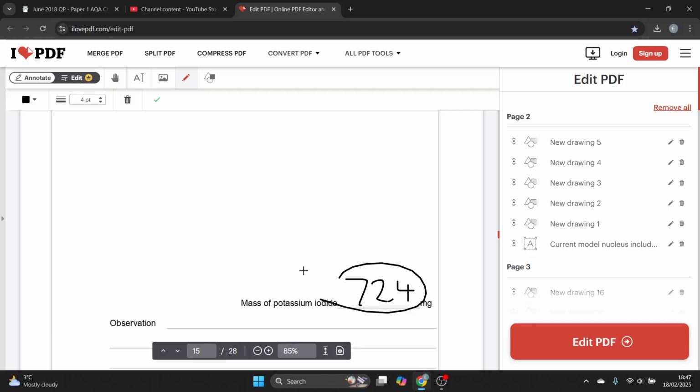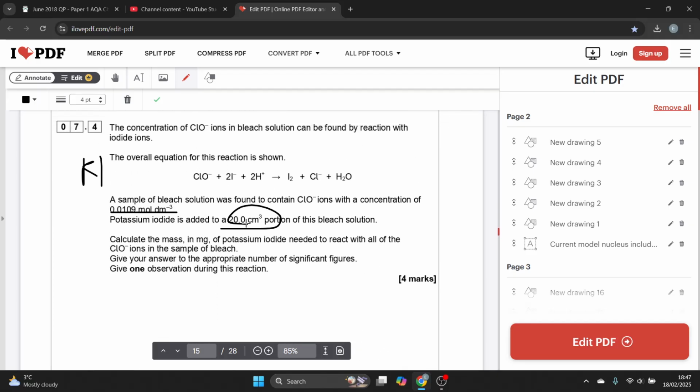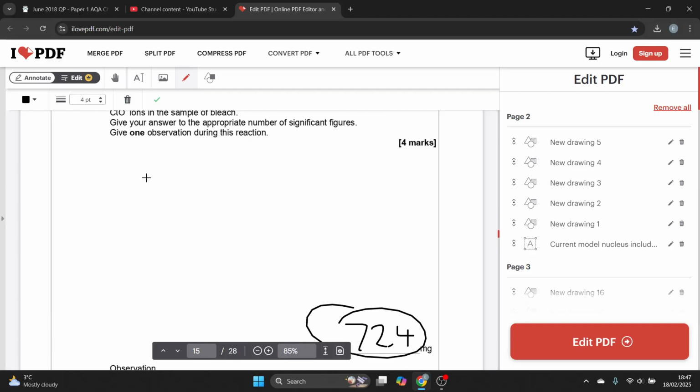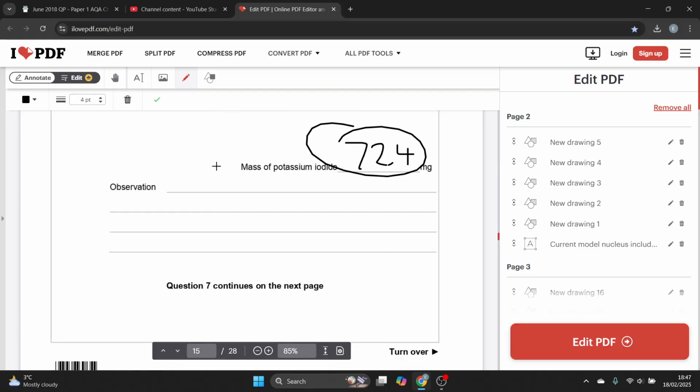I didn't show any work for this case, I just did it again. So moles from concentration and volume, get the moles of this, 1 to 2 molar ratio, find out the moles of this, mass is moles times by Mr, then you work out the mass in grams, and times by 1,000 to convert from grams to milligrams. Give one observation during this reaction.